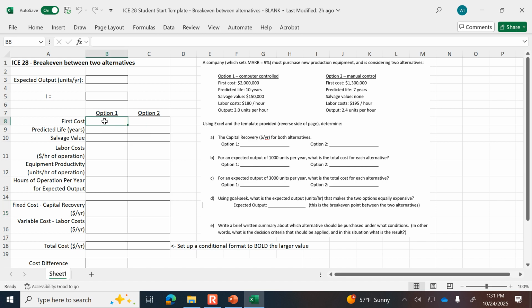All right, I'm just going to type in what we know about these two different options. Since we're calculating capital recovery, we need to pay attention to sign. So for example, for this first cost, I'm going to put negative 2 million.